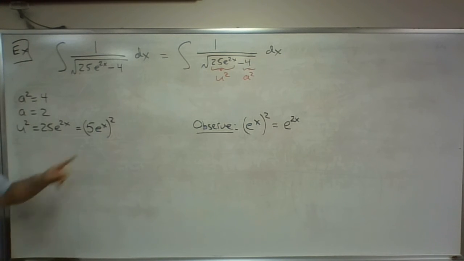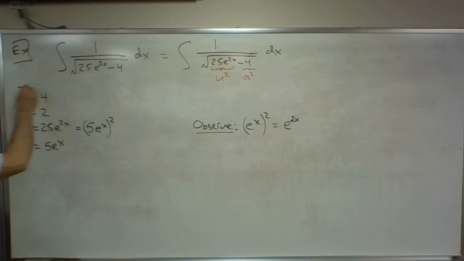Let's see, does that work? We square the 5 and get 25. We square e to the x, we get e to the 2x. Yep, that works. And that means that u is going to be 5e to the x. Well, it's looking better already. It really is.